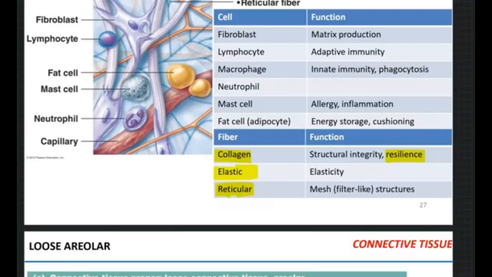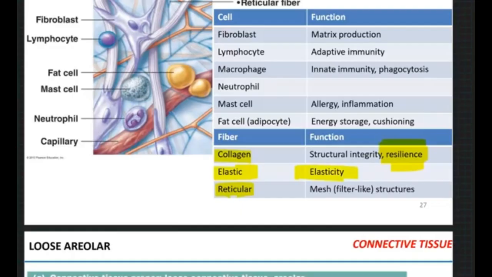So, why is this important? If I tell you we have a tissue called dense regular connective tissue, which has a lot of collagen, what would be its main feature? Strength, resilience, right? It's strong. If I tell you we have tissue with a lot of elastic fibers, it can stretch and recoil.